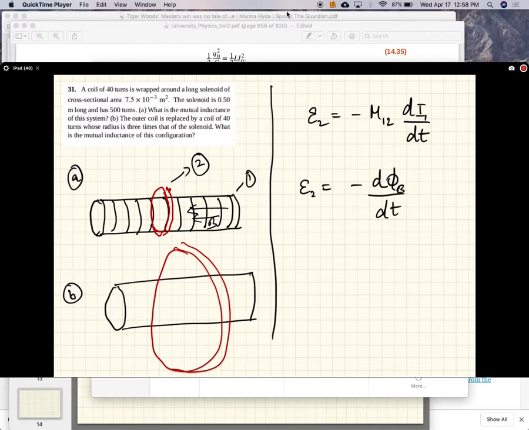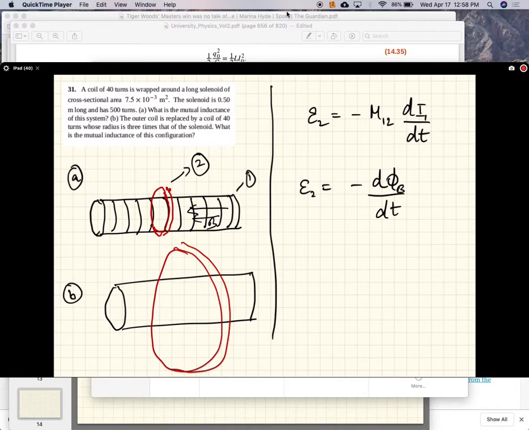So here's a solenoid. The field is only in here. Outside is 0. So if you have a coil outside, the flux threading through that is just in that area. It doesn't matter what the size of the outside coil is. Okay, just keep that in mind.